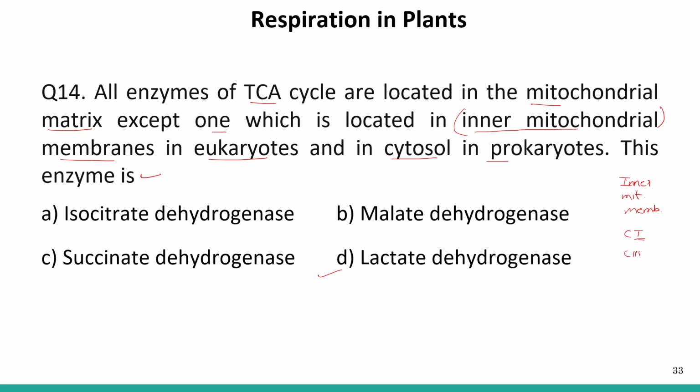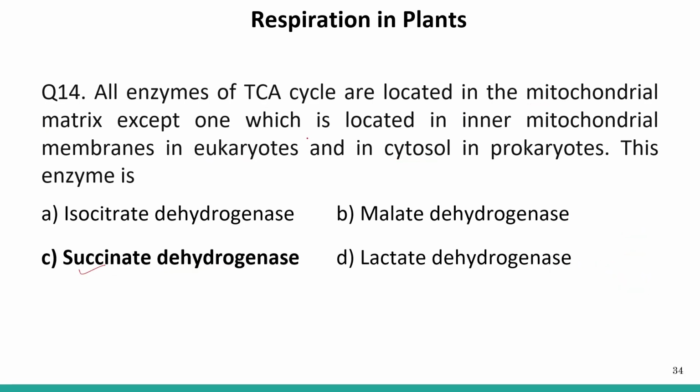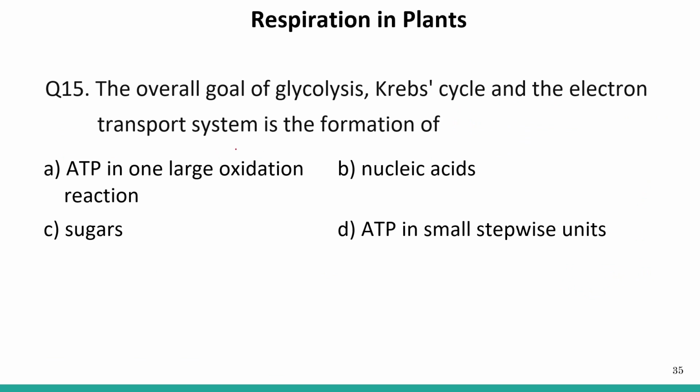Then we have complex 3, which is cytochrome BC1, and complex 4, which is known as cytochrome C oxidase. So succinate dehydrogenase, which is complex 2, is present in the inner mitochondrial membrane. It connects the Krebs cycle with the electron transport system directly. So the correct answer is succinate dehydrogenase. And it is also present in the cytosol in prokaryotes.